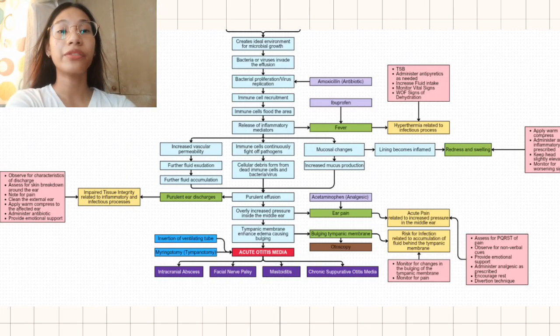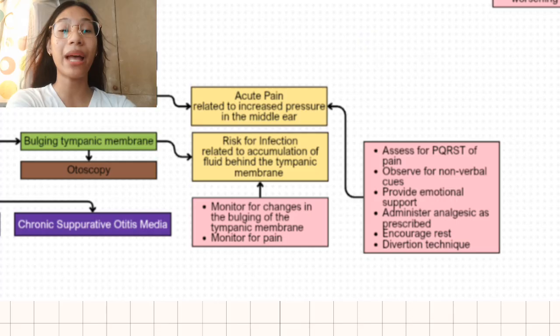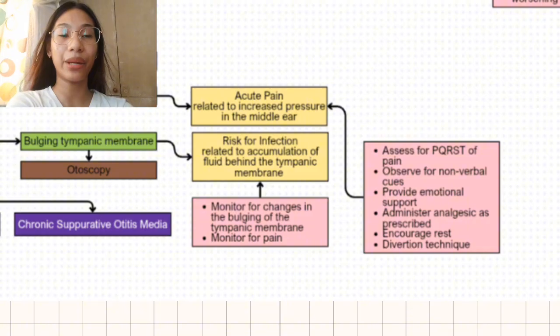For the bulging of the tympanic membrane, the nursing diagnosis is risk for infection related to accumulation of fluid behind the tympanic membrane, and our management is to monitor for changes in the bulging of the tympanic membrane and monitor for pain. For the diagnostic test, this will be otoscopy.